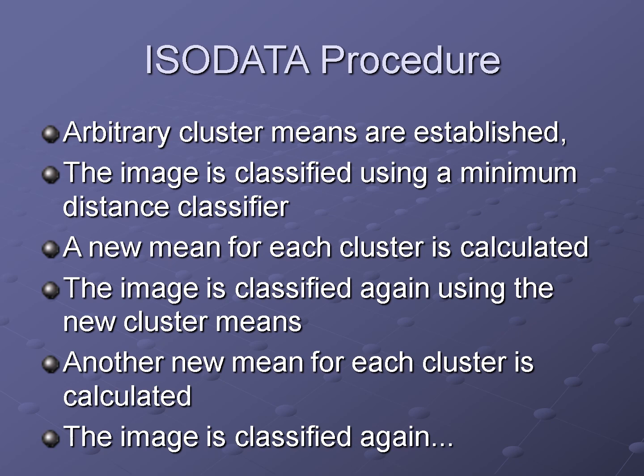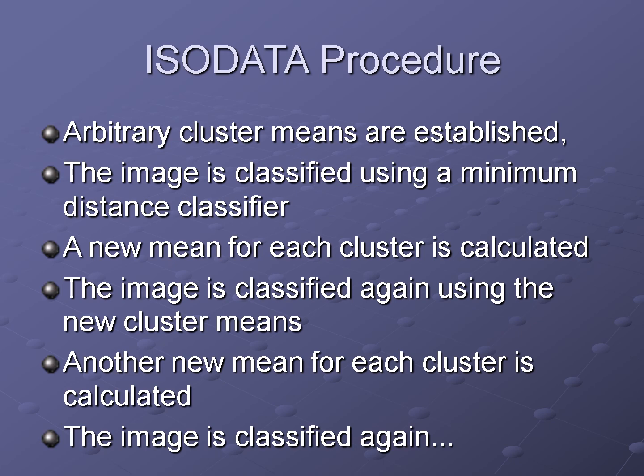ISODATA has several parameters that can be adjusted to control the clustering process, such as the maximum number of iterations, the minimum and maximum number of clusters, and the minimum distance between cluster centers. The algorithm can be set to automatically determine the number of clusters based on statistical measures such as within-cluster variance and between-cluster variance.